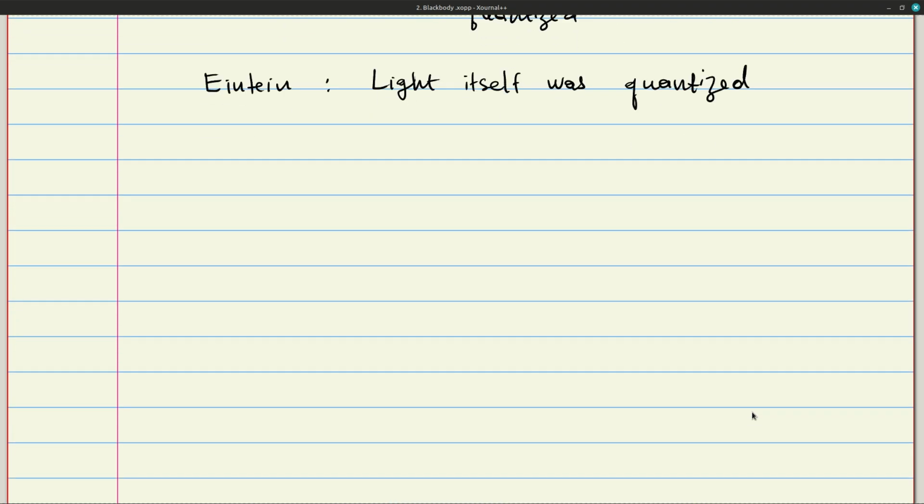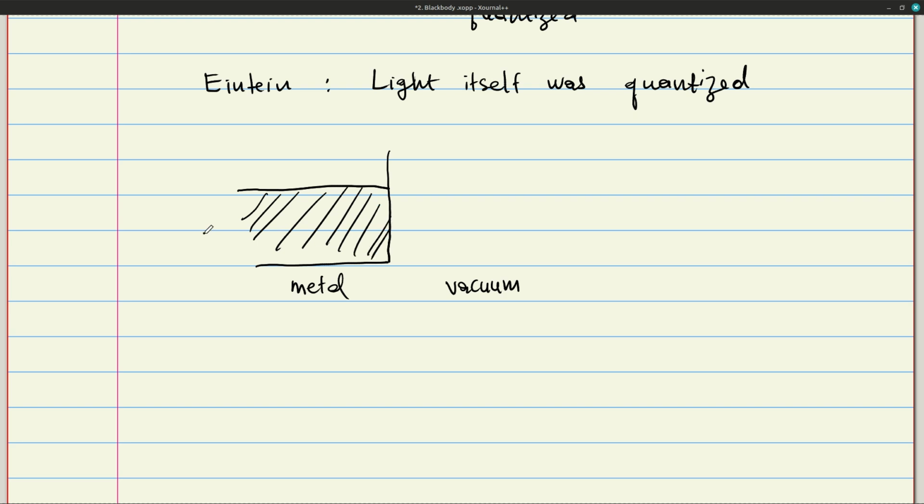Also, Einstein modeled the metal like this. So you have a box, right? So this is, say, this side is metal, and this side is vacuum, and inside the metal you fill it up with electrons.